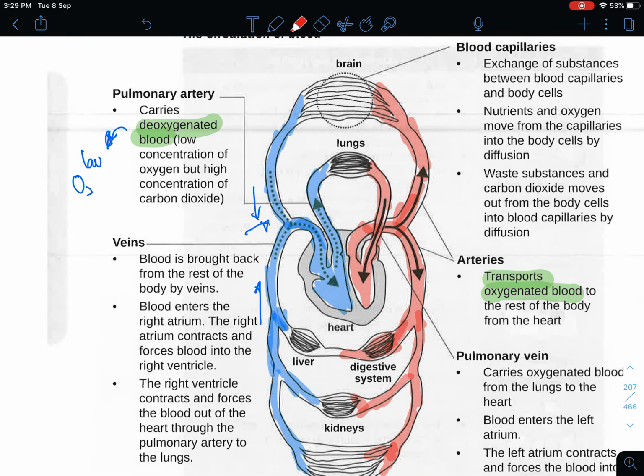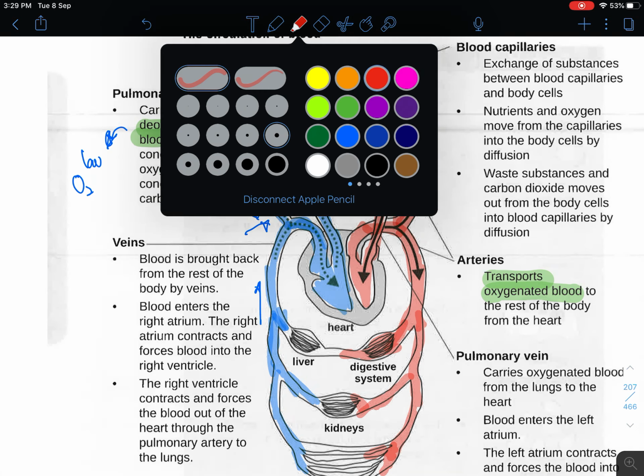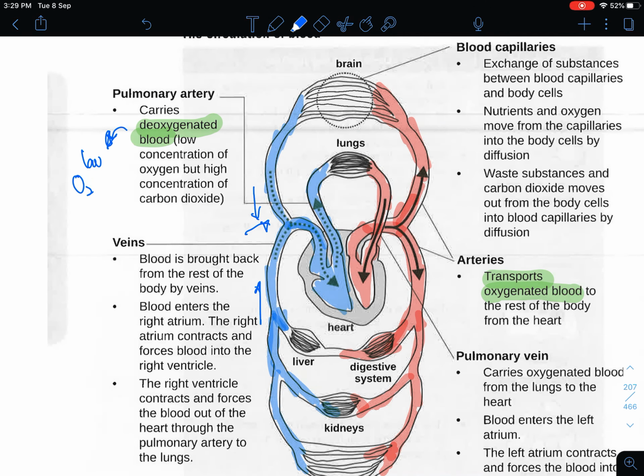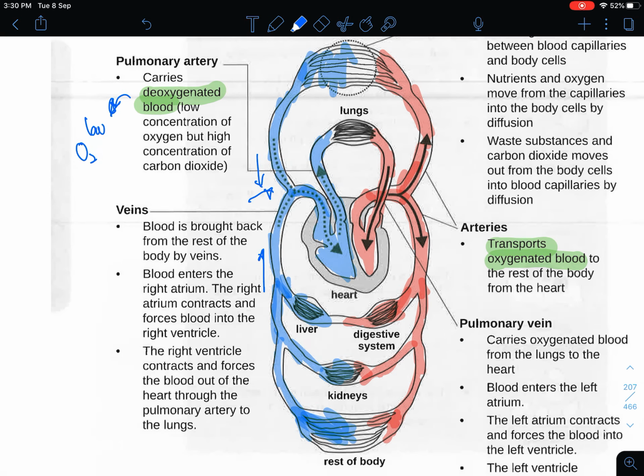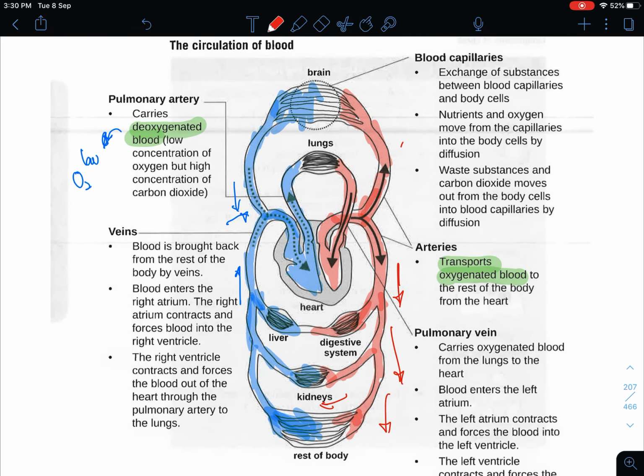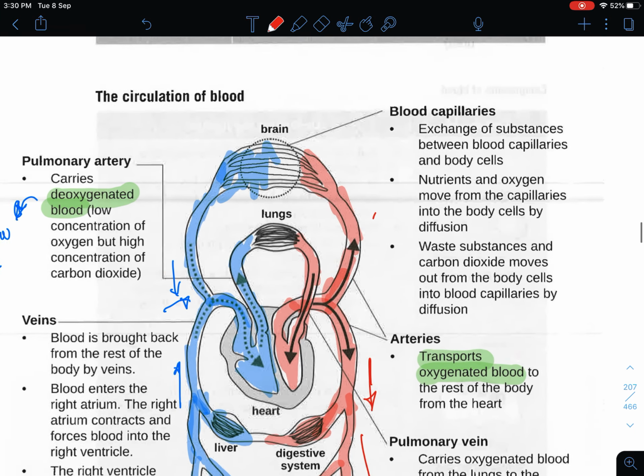The blood vessels towards the brain, because it is very near the heart, generally have large enough pressure to pump the blood upwards. And so if I were to draw the direction, this will actually move downwards.